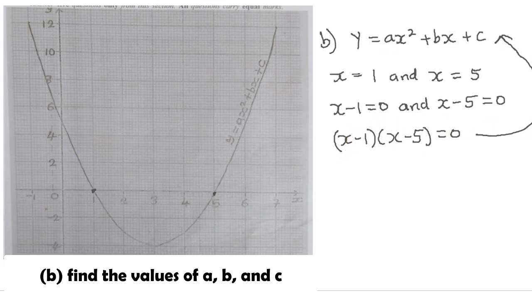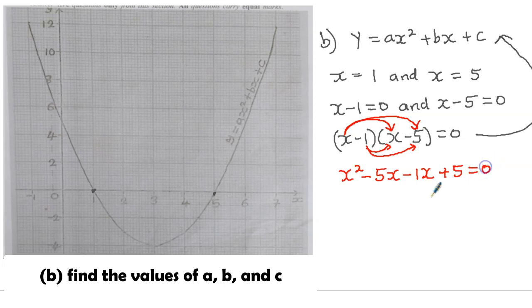So here we are going to expand it. When you're expanding, you apply what we call FOIL. First, you multiply x times x, so you get x squared. Then you get negative 5x, then negative 1x, then positive 5.